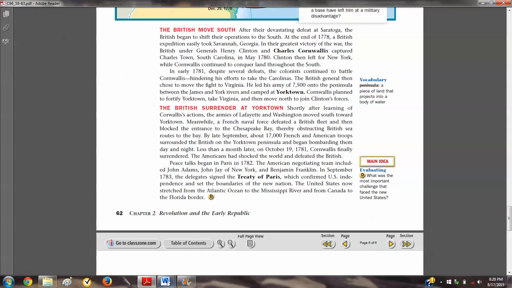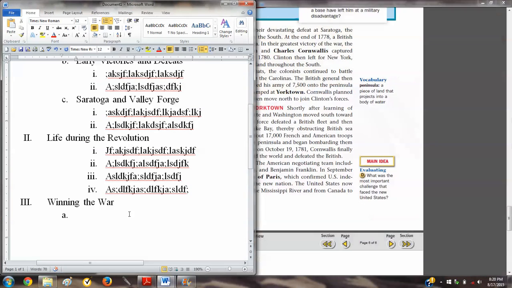All right, so then put the British move south. All right, and we did that. Here's one important idea about the British moving south, and the second thing important about the British moving south. Let's go to B. Now see, we're following the outline format.